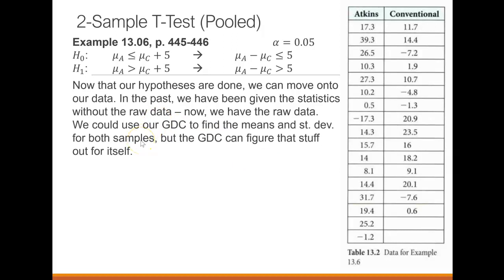So let's use the calculator to do that. So how would I do that in my calculator? Go to stats. And then I'd put the Atkins diet in L1 and the conventional diet in L2.